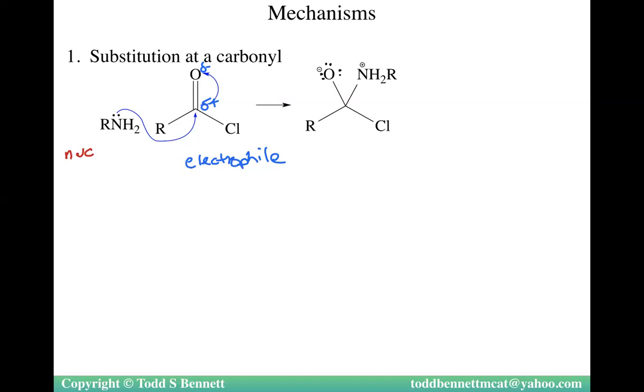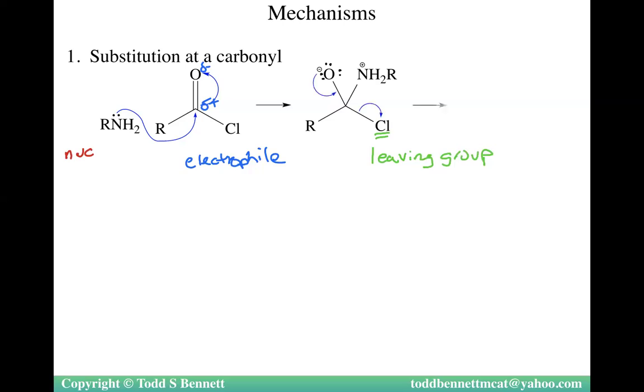So what has to happen is these electrons are going to kick back in, and one of these three things has to get kicked out. It ends up the weakest bond is the carbon-chlorine bond, so that's what's going to be called a leaving group. So the chlorine is a leaving group.